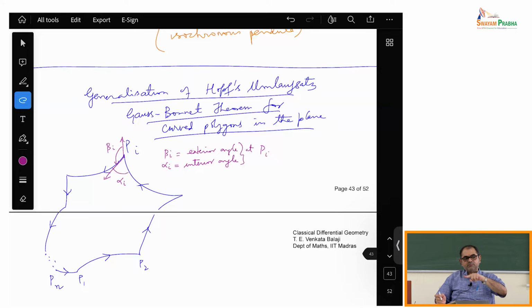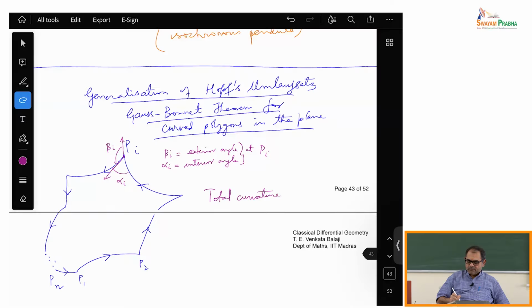Now the question is, what is the Hopf-Umlauf-Sachs? It says that if you take a simple closed smooth curve, then the total curvature is plus or minus 2 pi, okay. Now this is a generalization of that. The question is that now what will happen to the total curvature, okay. So the statement is the total curvature, so I should say signed curvature, as you traverse this curved polygon once, all right.